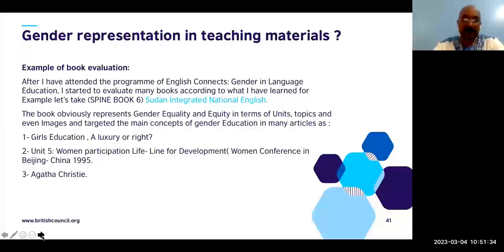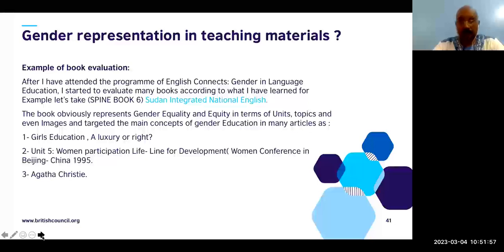It directly speaks about the importance of girls' education, and how to support girls in education and how to let them take these opportunities, which is very important, and encourage them to participate in school in different ways.